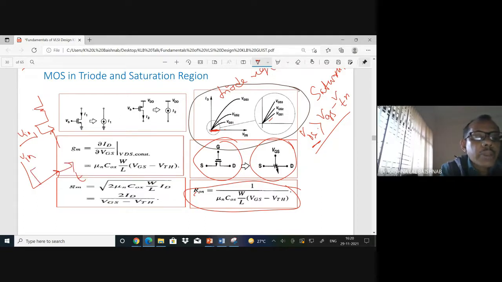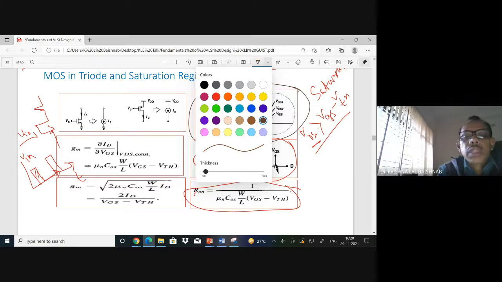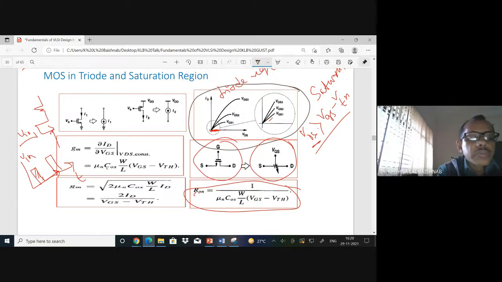Then I give a pulse at a particular moment. The moment I give a pulse, this MOS will be in triode region, and this is nothing but GM. This is a resistance. What is the resistance equation? This is the equation. And you see that here the resistance basically depends upon your overdrive voltage, VOV.